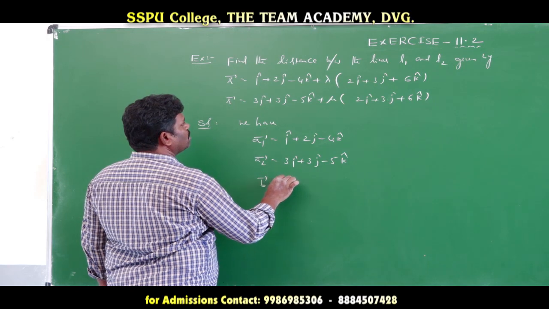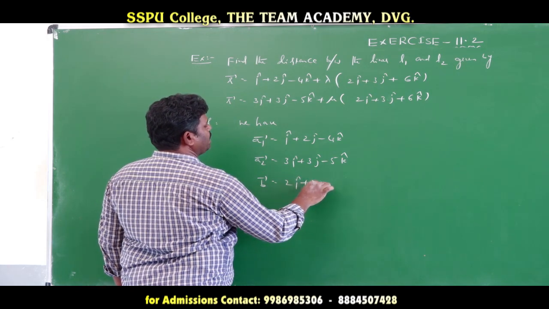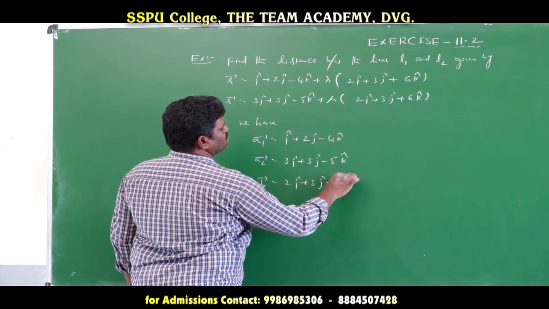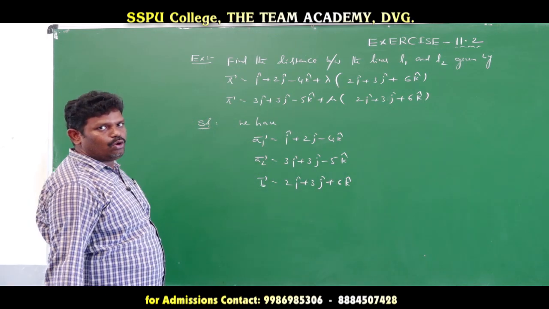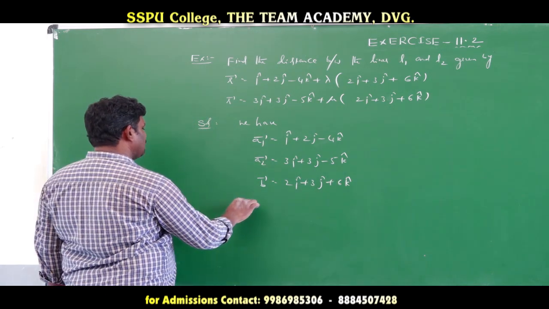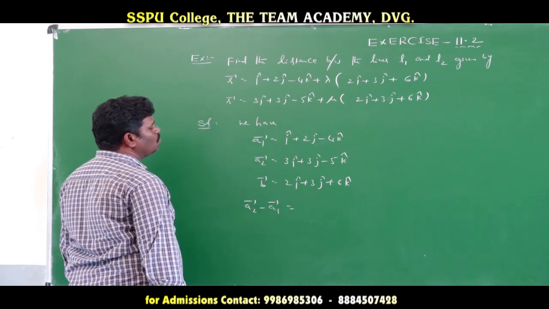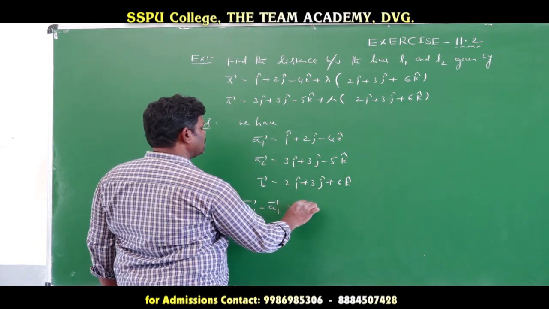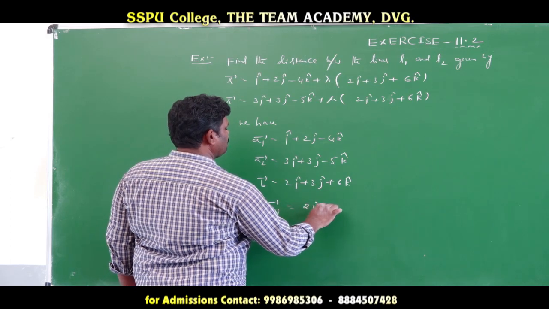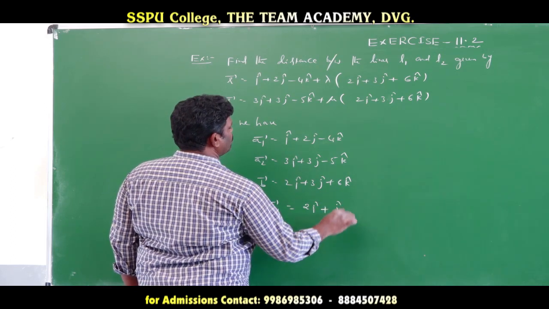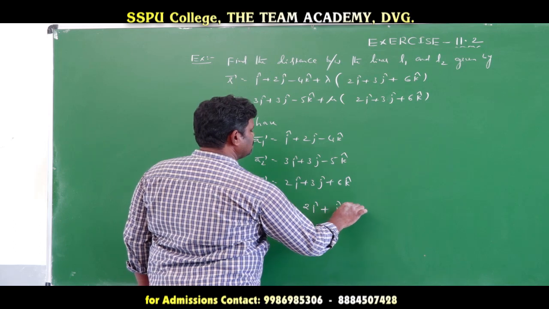Next b bar is equal to 2i cap 3j cap plus 6k cap. Okay? Now first we find out this value a2 bar minus a1 bar is equal to these two difference, 3 minus 1, 2i cap, 3 minus 2 j cap, minus 5 plus 4, minus k cap.